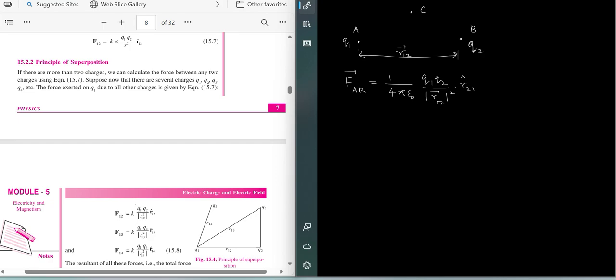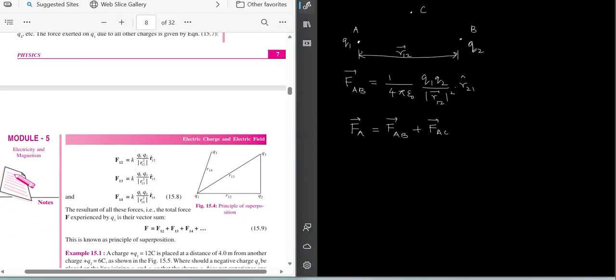So the net force on charge A, if I only consider charge A and charge B, is the force on A due to B. If I only consider charge A and charge C, it will be the force on A due to C, and the vector addition of these two forces.